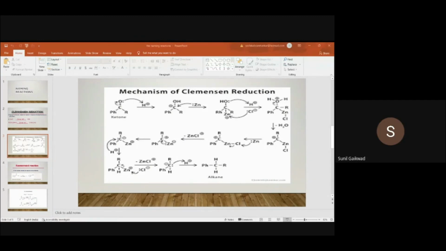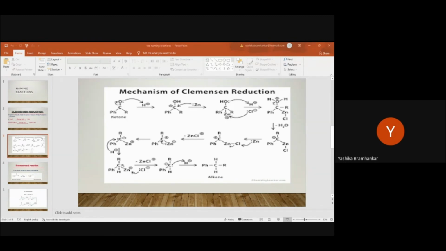Sir, it is a carbocation. It should be positive, because O is donating its electron to hydrogen. Yeah, okay, sorry. So oxygen is donating electrons to the hydrogen, so oxygen will get a positive charge.